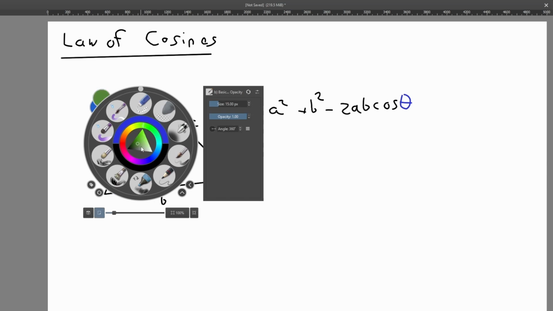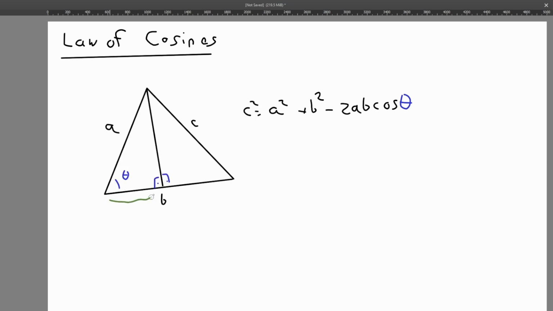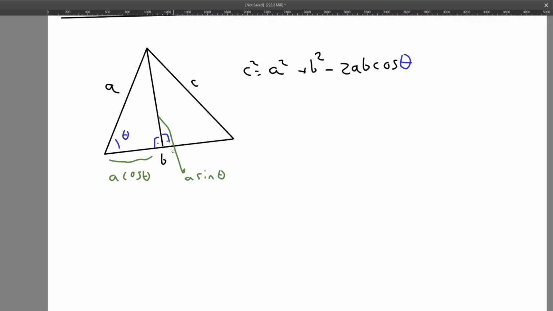Now, trigonometry tells us that this side length right here is A times cosine theta, and the length of our height is A times sine of theta. So you see that this length right here is also B minus A cosine theta.